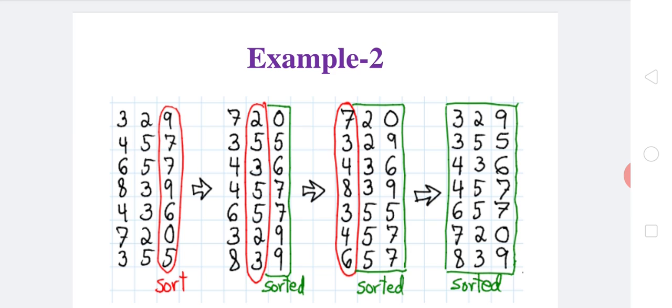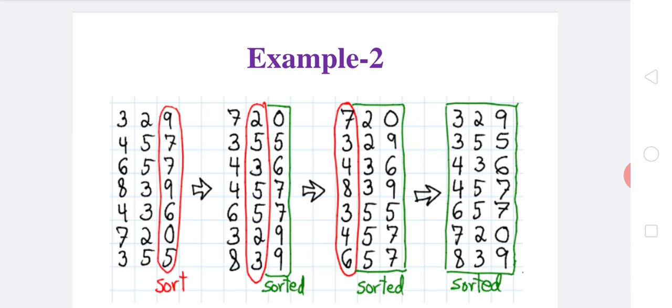Now consider the comparison digits 9, 7, 7, 9, 6, 0 and 5. Here 0 is there in 720. The 0 value is present in the value 720. So 720 is placed at the top of the row in figure number 2.